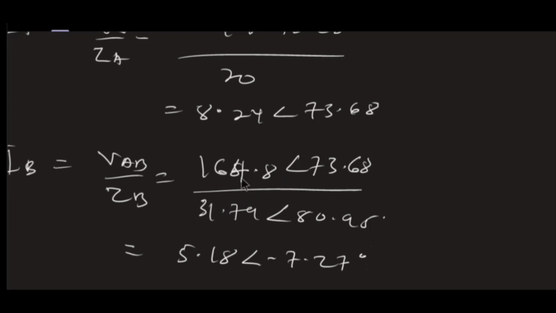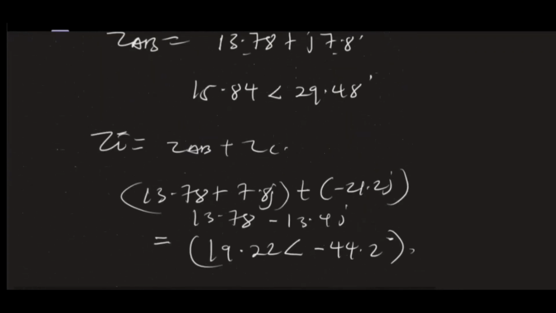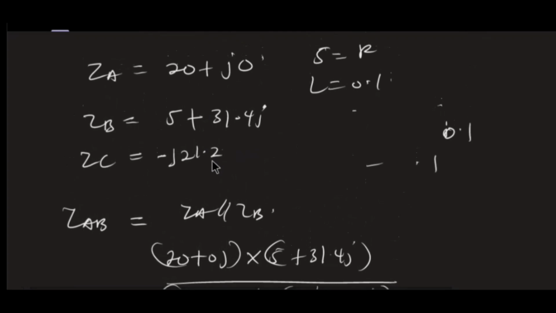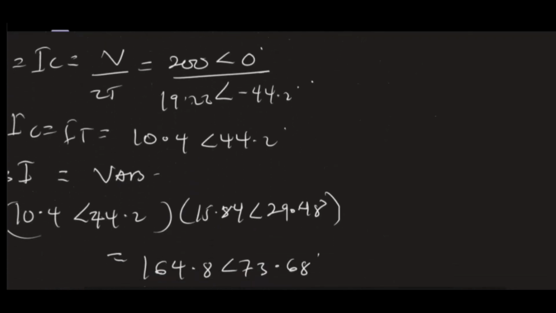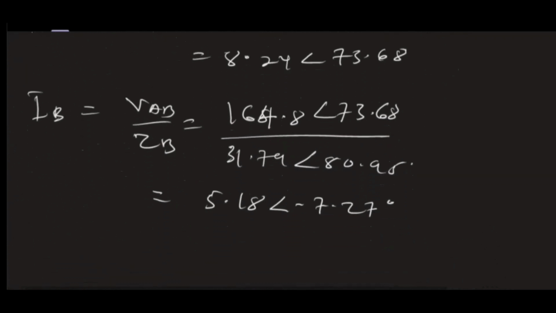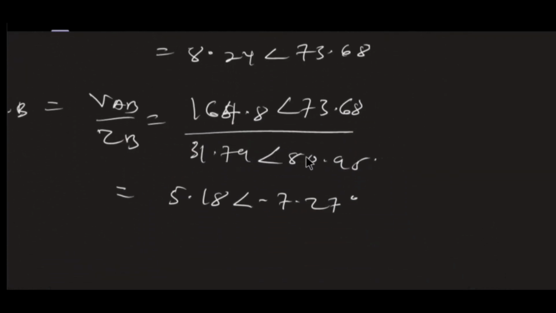So the impedance across B, my ZB, that was 5 plus this. You just convert it to polar form, and that is what I was getting here, 31.79 angle 80.95. So this becomes the current across B.